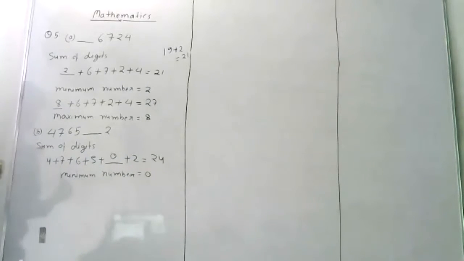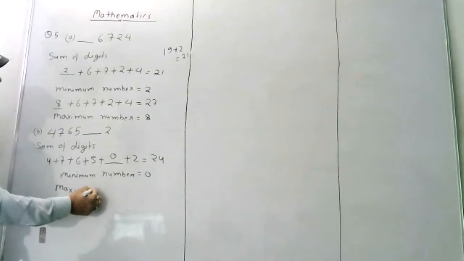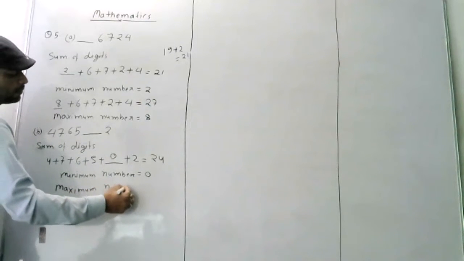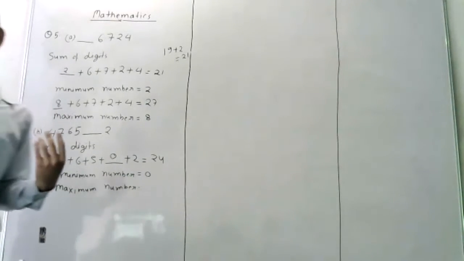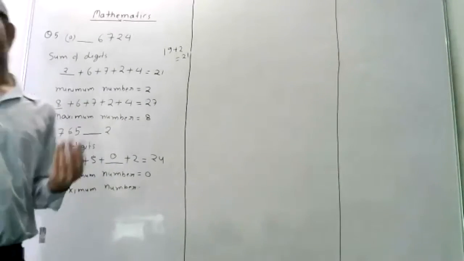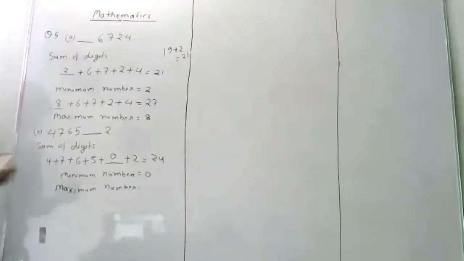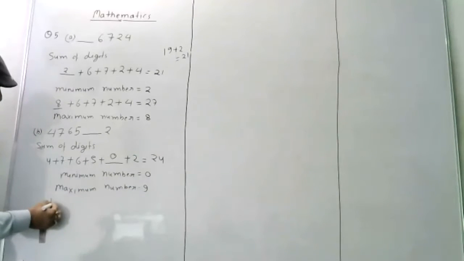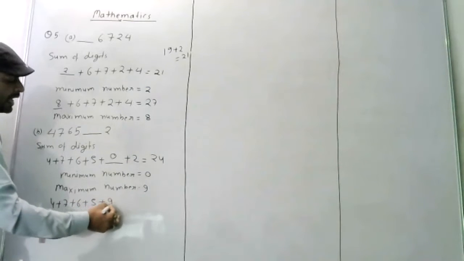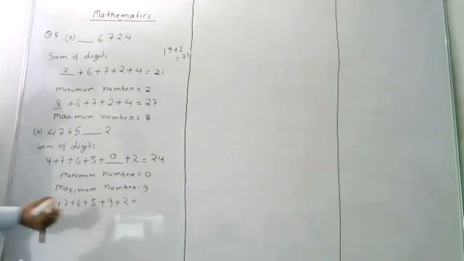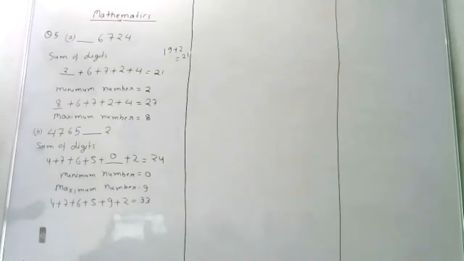And the maximum number we put here is 9. So 4 plus 7 plus 6 plus 5 plus 9 plus 2 is equal to 33. 33 is divisible by 3.